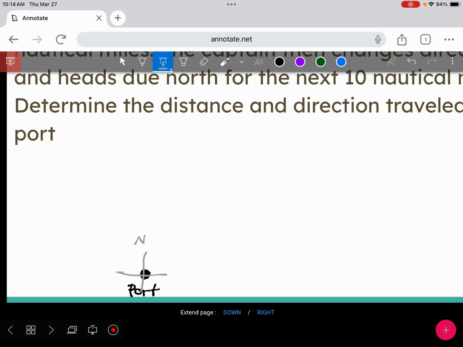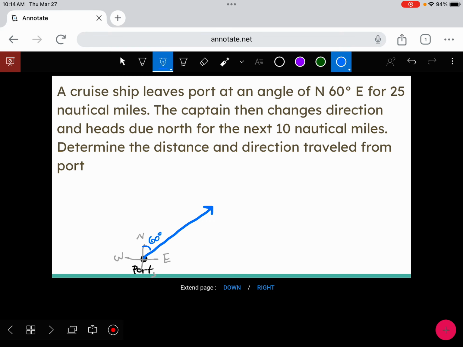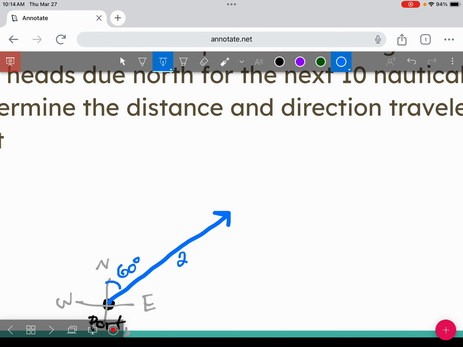Because we remember that we never eat those soggy waffles. So going from north to the east means it's over here. So that first segment of the trip goes like this. They went 60 degrees this way, and they went for 25 miles.